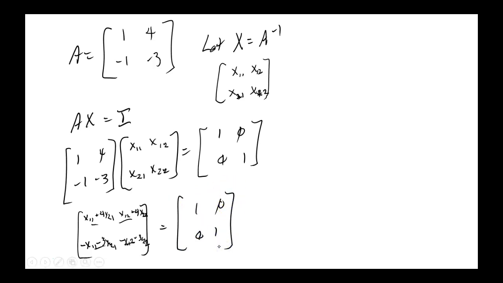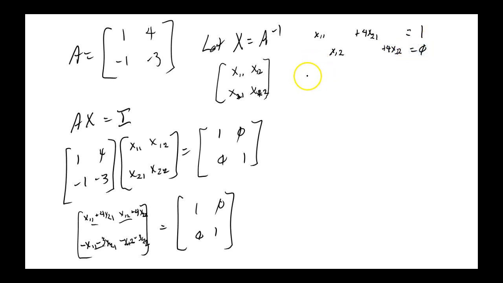All right. Now let's take this item by item and write down those equations. X of 1, 1 plus 4x of 2, 1 is equal to 1, right? Next one would be x of 1, 2 plus 4x of 2, 2 is equal to 0.